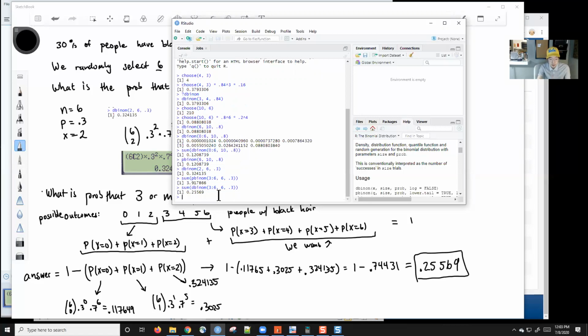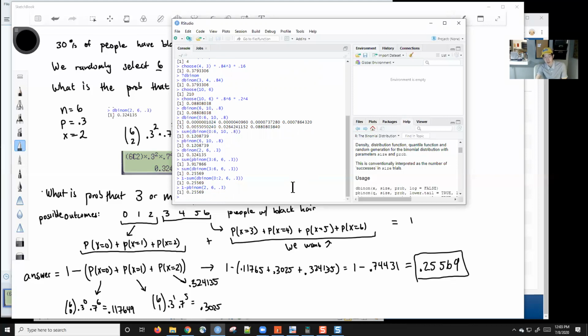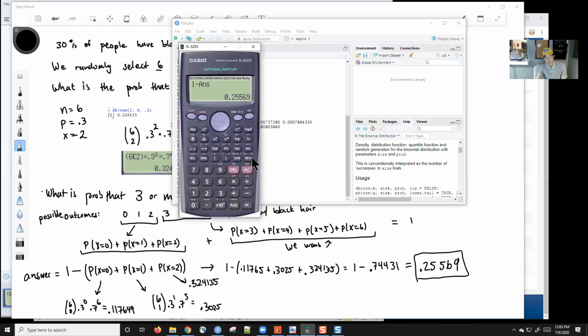P binom, that's what I meant, and get 0.25569. I can also do 1 minus the sum of d binom from 0 to 2, which is going to give me the same. Or I can just do 1 minus p binom 2, 6. So these are all equivalent, and we get the same 0.25569.